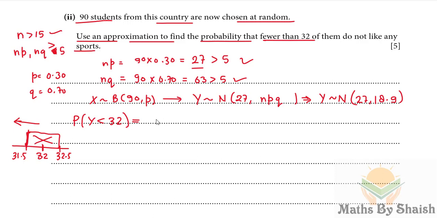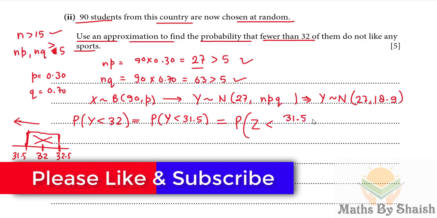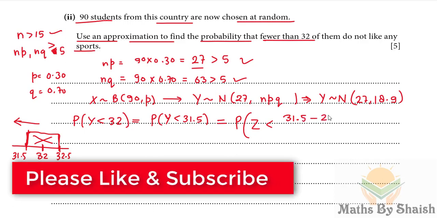So the question becomes probability of Y less than 31.5. Less than or less than equals does not matter because it's a continuous distribution. So we are going to convert it into the standard normal distribution, that is Z less than x, here 31.5 minus mu, which is 27, over sigma.